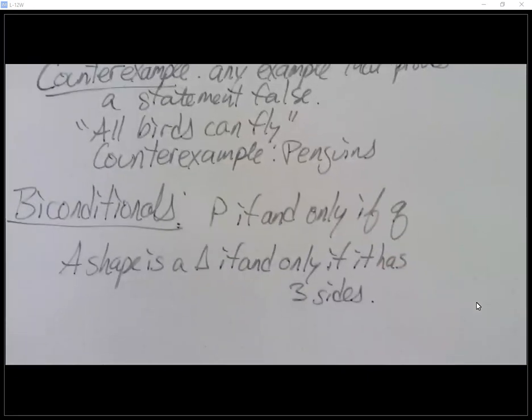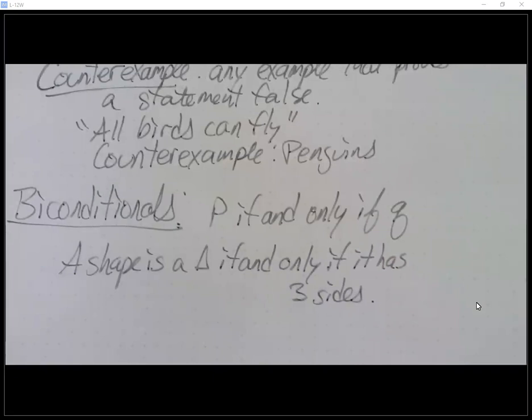That is a true biconditional. The way that I know that it's true is because I can check its truth value going both ways. A shape is a triangle if it has three sides. That's true. And if I go the other way, if a shape has three sides, is it a triangle? Yes.